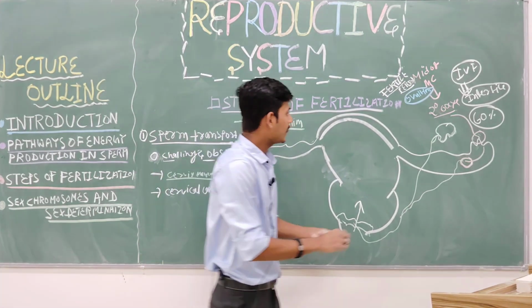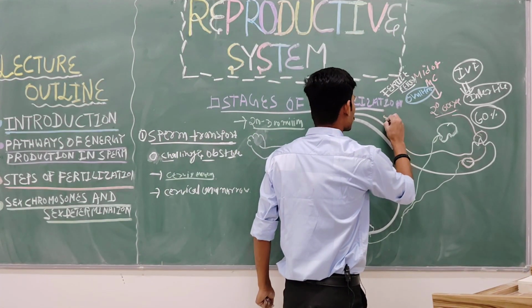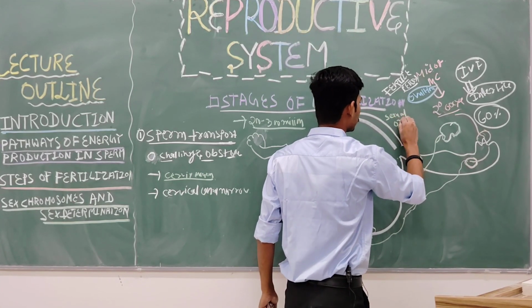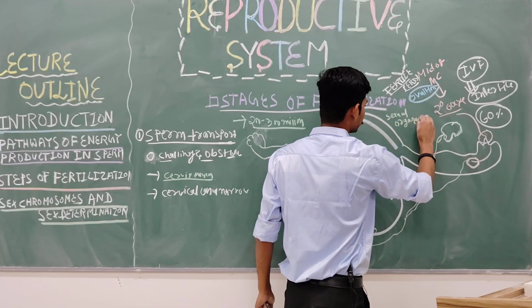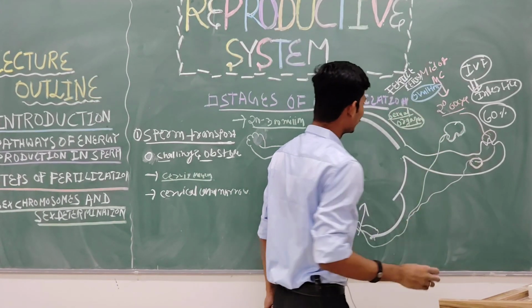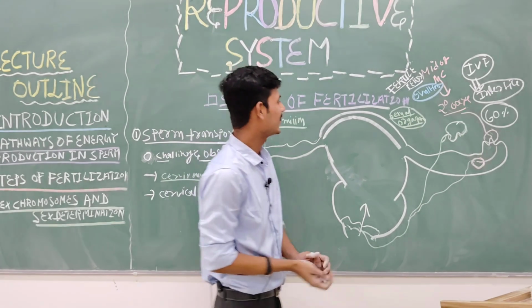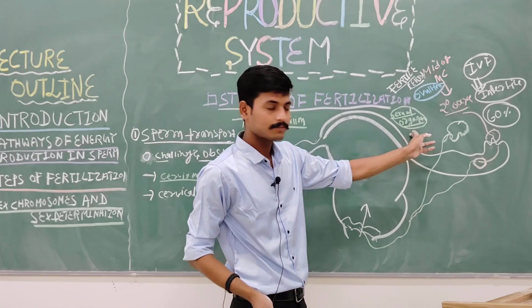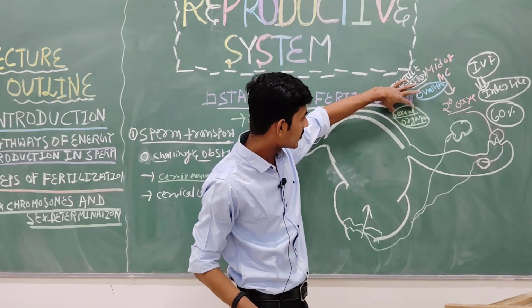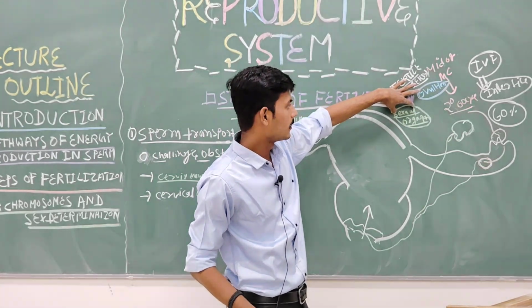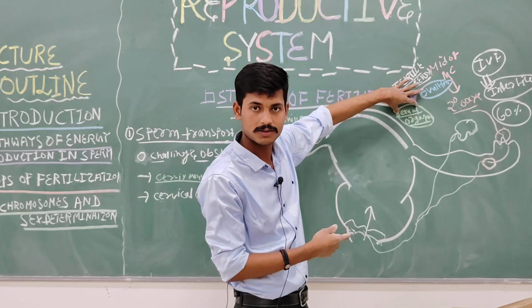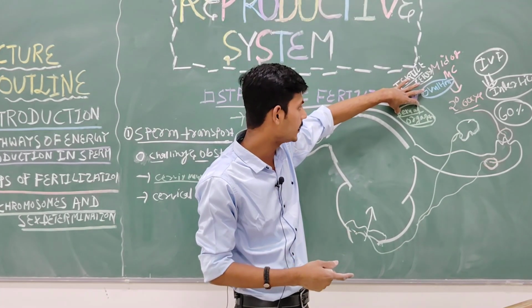You know that there is something called sexual orgasm. It is felt by a female during sexual intercourse, during coitus.